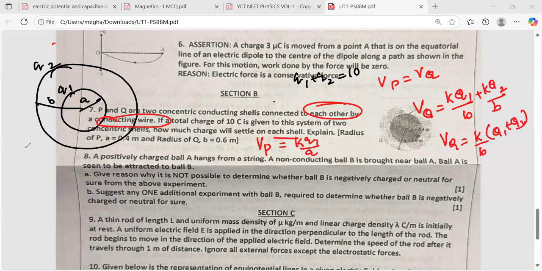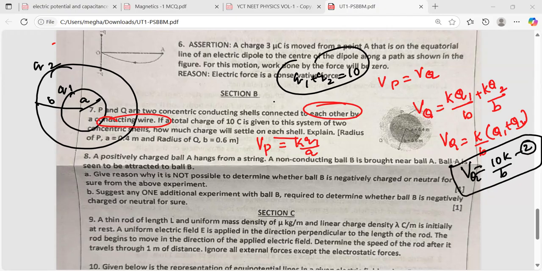Now, what is Q1 plus Q2? It is already given, 10. So therefore, 10K by B, that is VQ. I know VQ, I know VP. That's all. Correlate both. Why correlate? Because potential should be the same as it is connected by the wire.